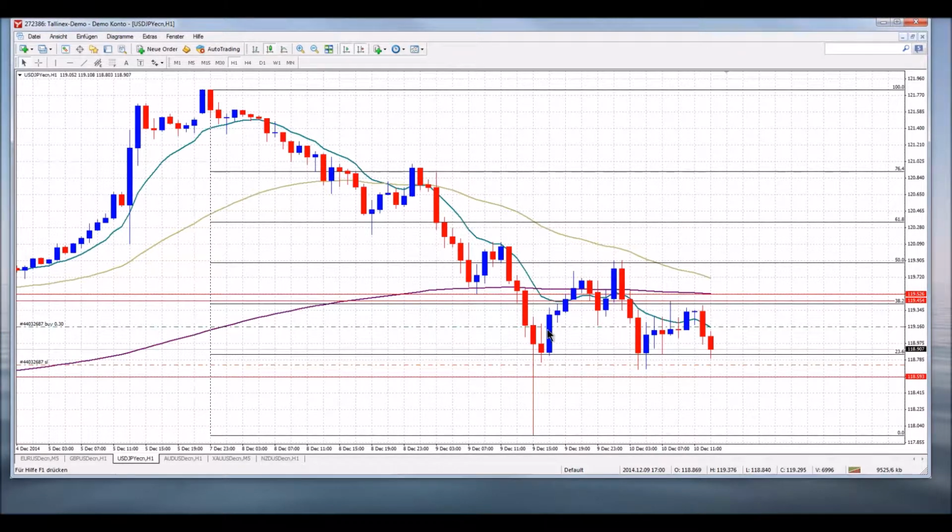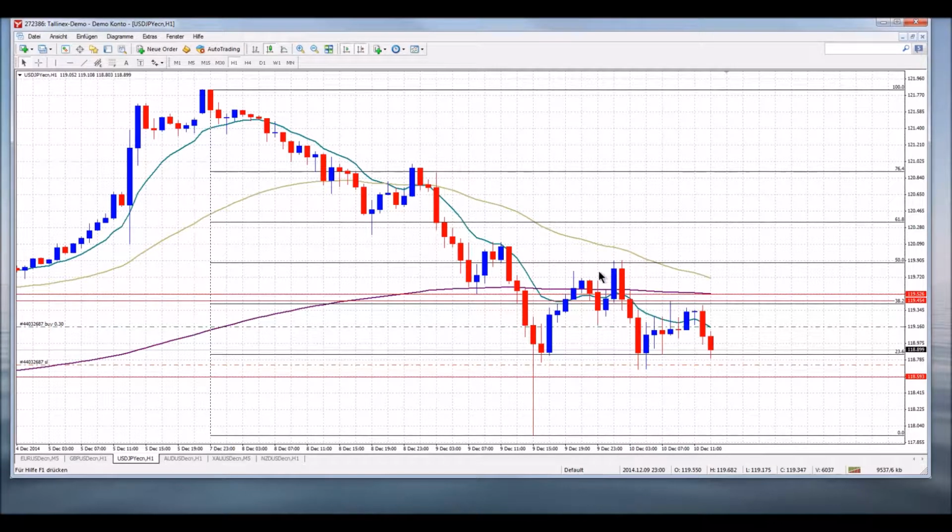Okay, so I moved down from 121.80 to 117.80 basically. That's 400 pips in 2 trading days, and on that day we had a reversal of close to 100 pips. The market corrected again, went to Asia up to 119.90 again, another 100 pips up.